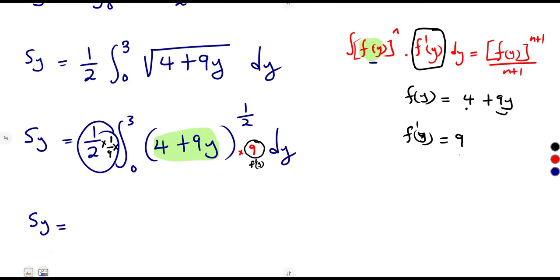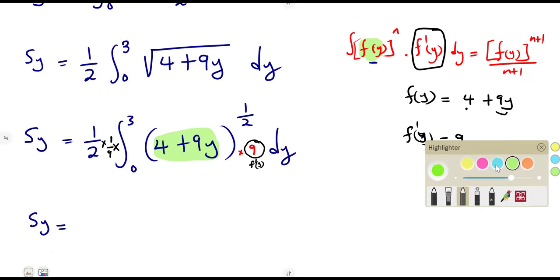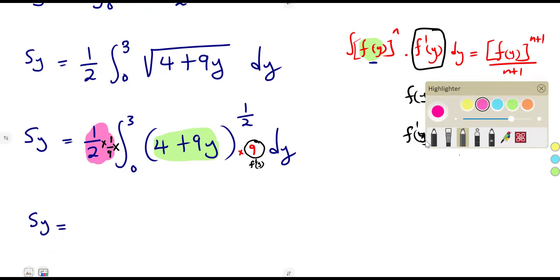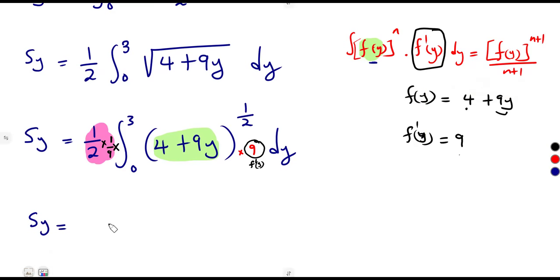This one is out of the integral, so we can just multiply this. 1 over 2 times 1 over 9 is 1 over 18.